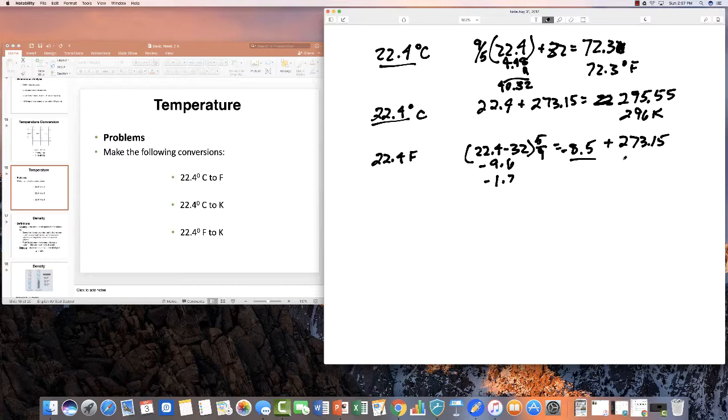These are all negative. And then you subtract 273.15, and you subtract 8.5 from that, and you get 264. Again, it's 3 significant digits, so this is going to be 264 Kelvin. And with Kelvin, you never say degrees. You just say Kelvin. With the others, you say degrees Fahrenheit or degrees, whatever.